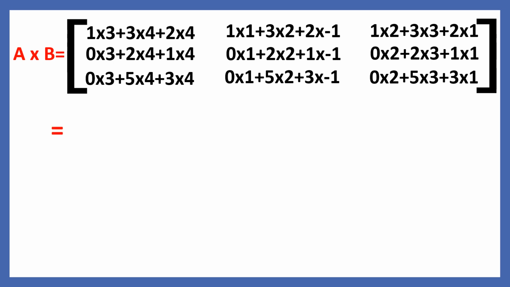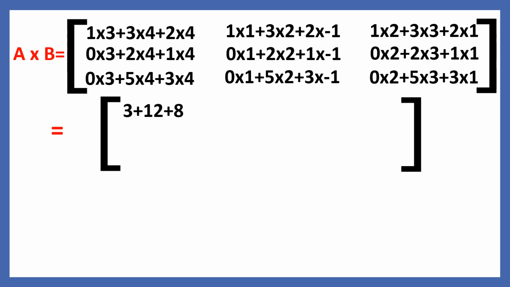Next, we have to do this addition and multiplication. First is 1 into 3 plus 3 into 4 plus 2 into 4, that is 3 plus 12 plus 8. Now coming to the second one, 1 into 1 is 1, 3 into 2 is 6, that is plus 6, plus 2 into minus 1 is minus 2.